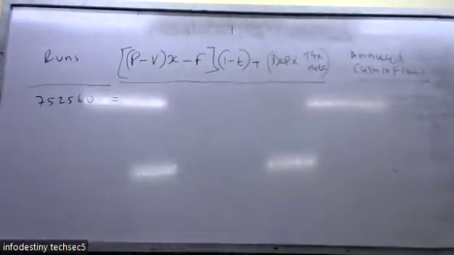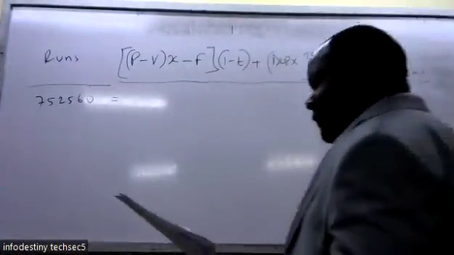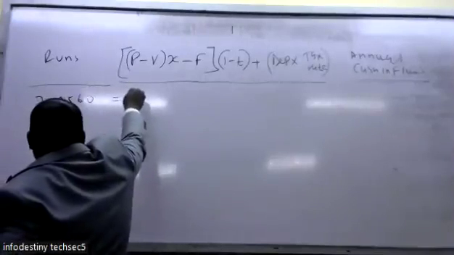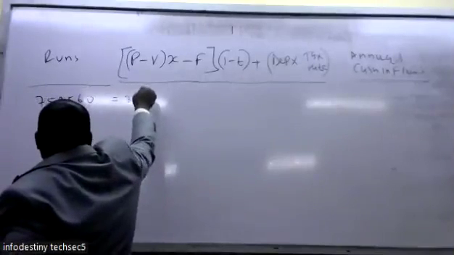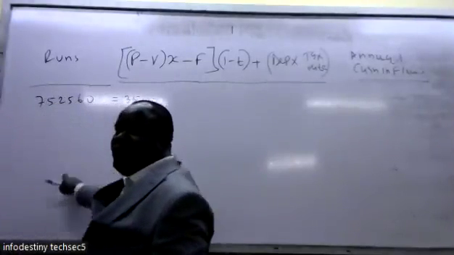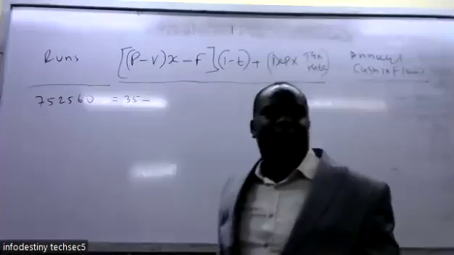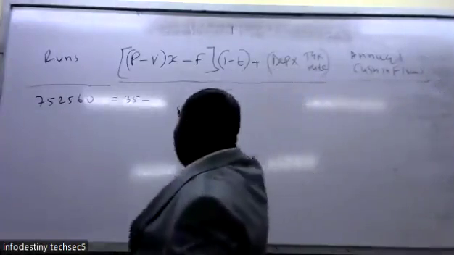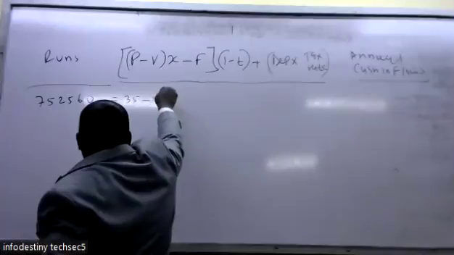It will give us which unit selling price? It is 35. So our P is 35. Then go to 25 to give you the variable cost per unit. It is 15.